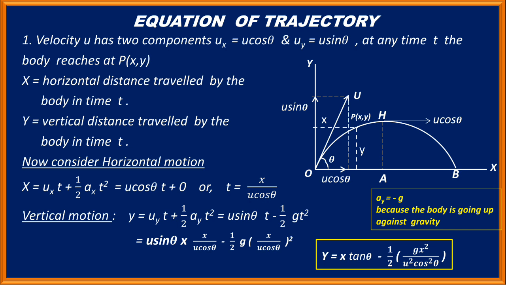In this equation we are going to replace t by x by u cos theta, then we get u sin theta into x by u cos theta minus half g into x by u cos theta whole square, and finally we are getting the equation of trajectory as y equal to x tan theta minus half gx square by u square cos square theta. This is the equation of trajectory.